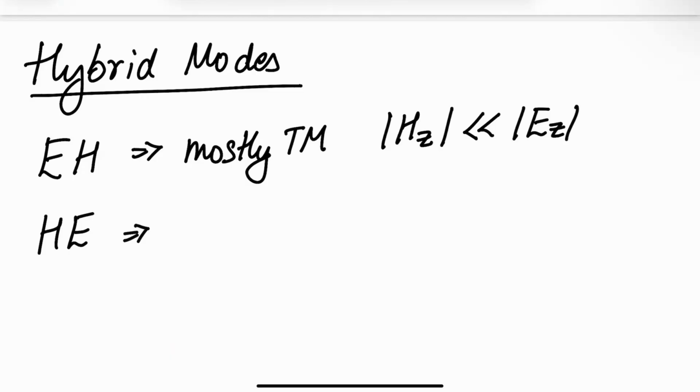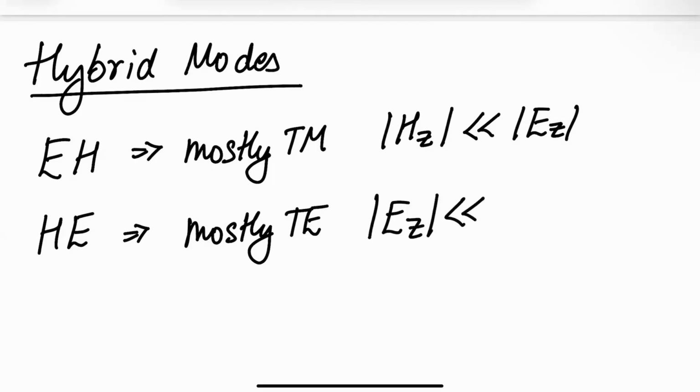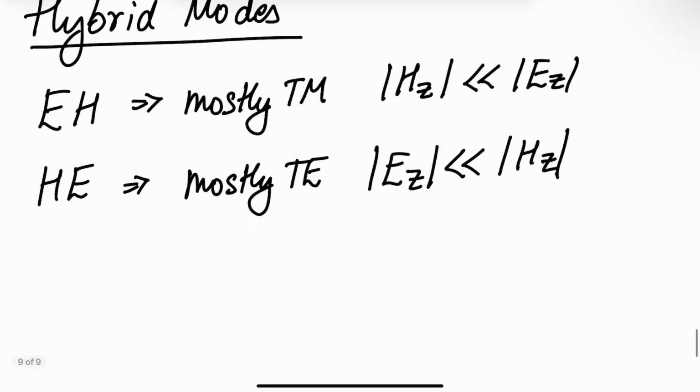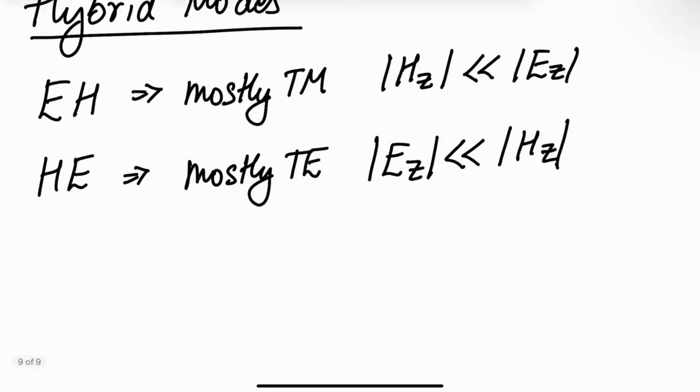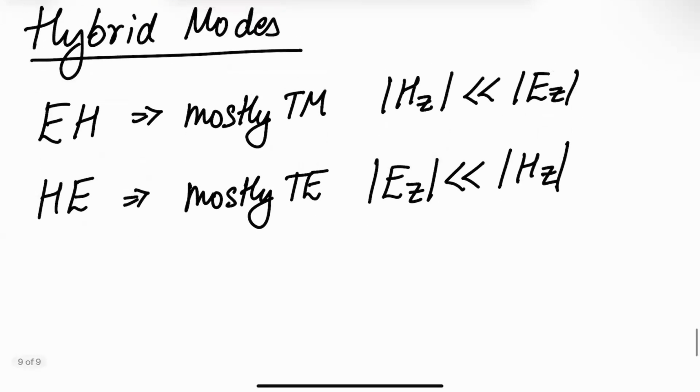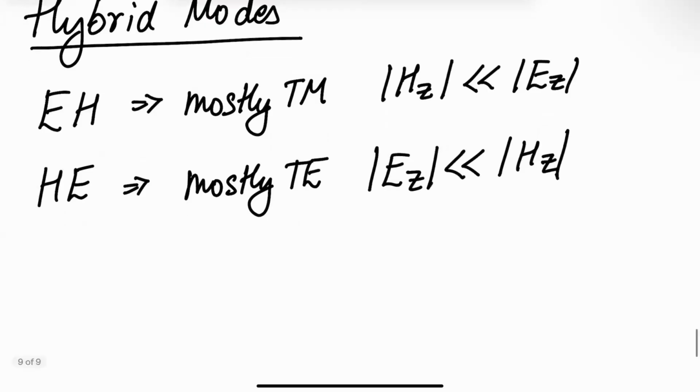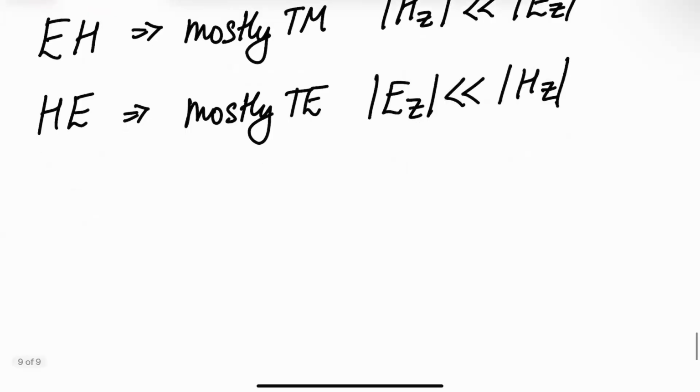And HE means it's mostly TE, which means EZ is much smaller than HZ. Okay, so it's almost like TE or almost like TM, but not exactly, because you still need both in order to satisfy the boundary conditions, and to have also azimuthal variation.